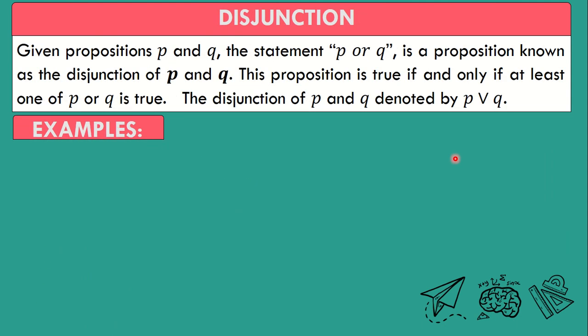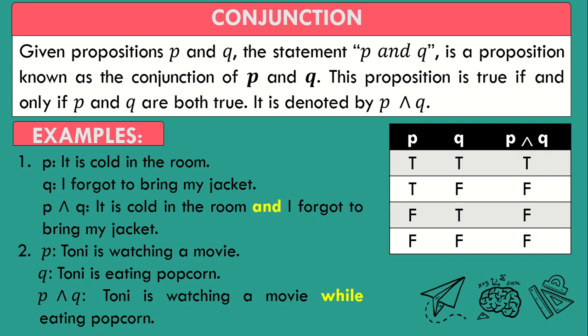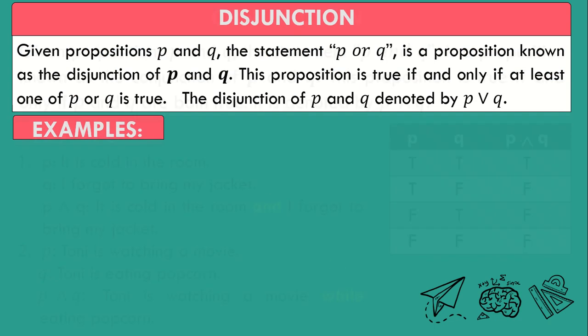Next one, we have the disjunction. Given that we have the disjunction, we have or. Unlike with the conjunction, where we use the words and, while, yet, but, here in disjunction the keyword that we're going to use is or. We have either-or, or just or.